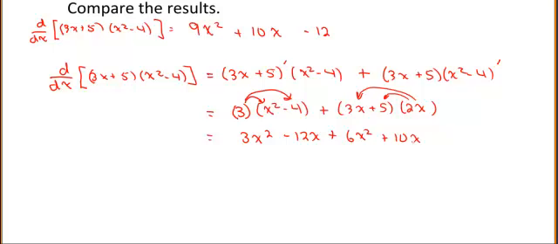I'm sorry, this would have just been 12. My mistake here. 3 times negative 4 is negative 12. And so this will be 6x squared and 3x squared is 9x squared plus 10x minus 12. Notice the very same results we had from above.